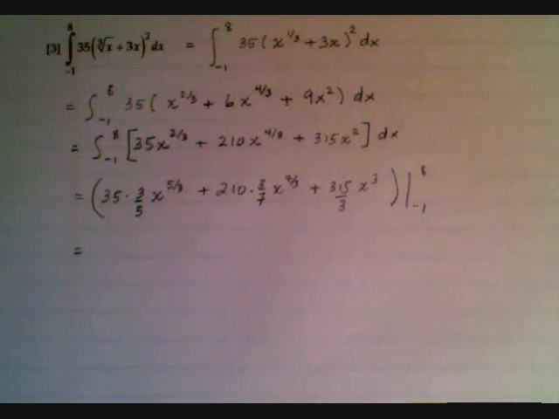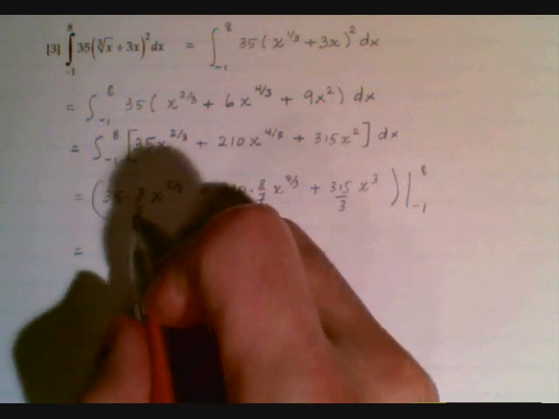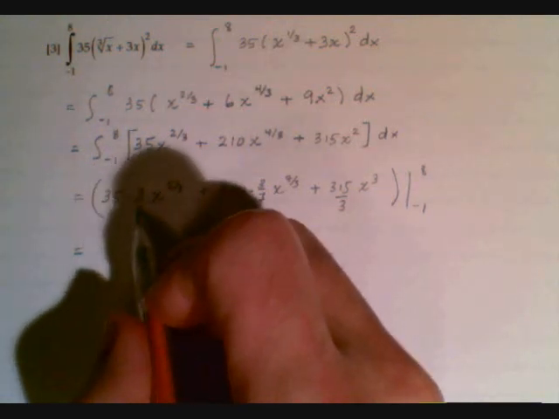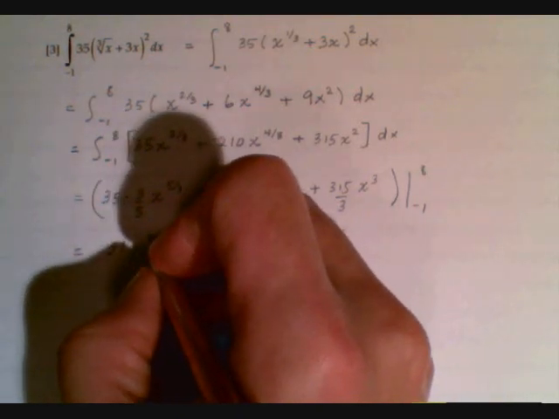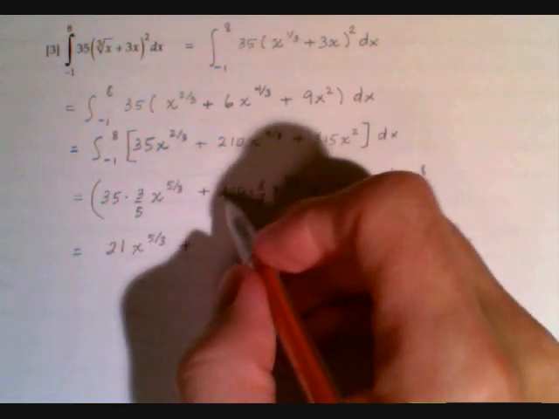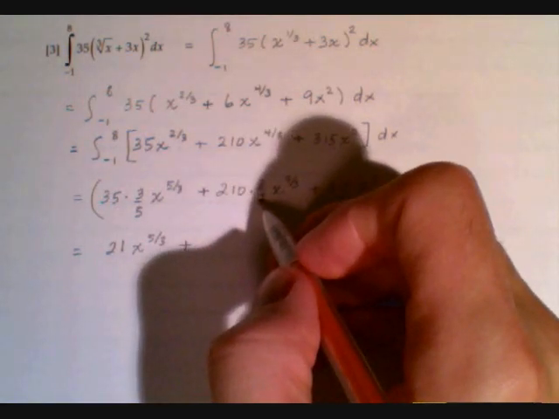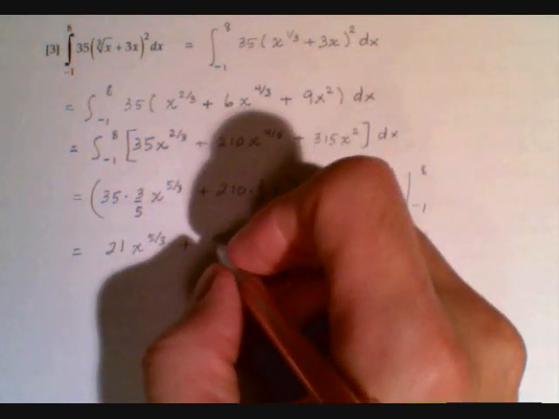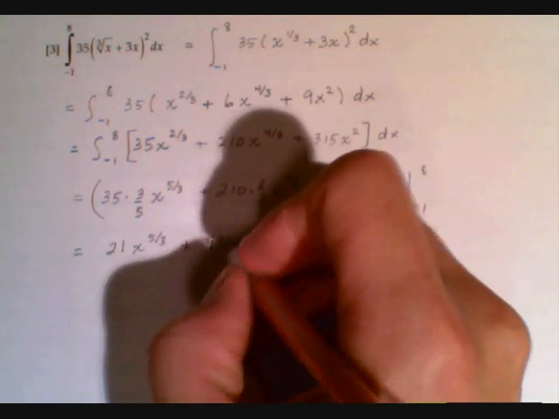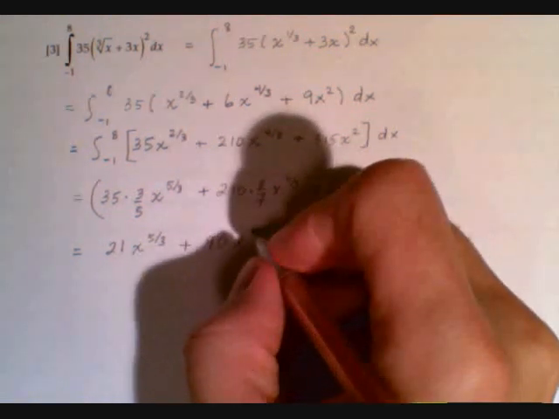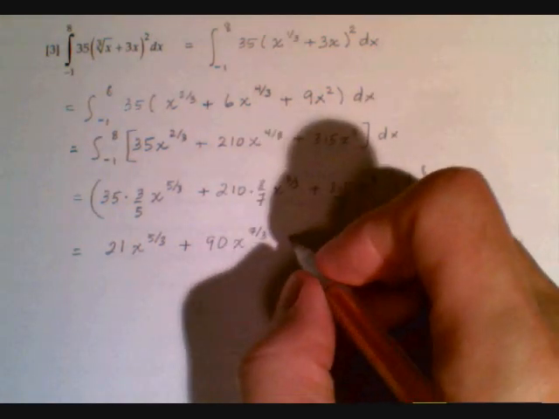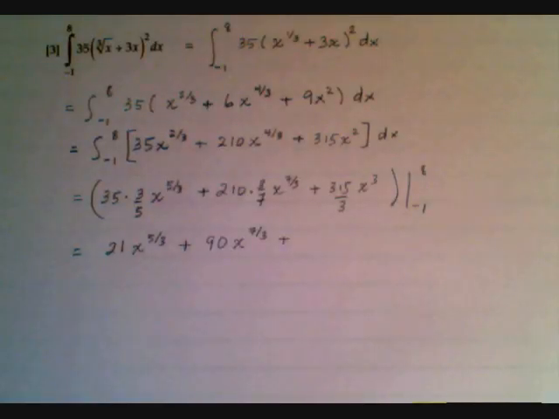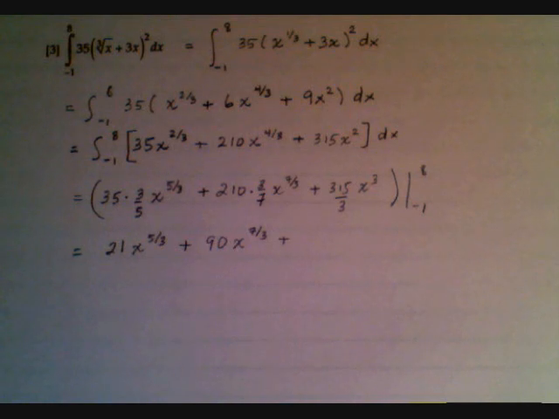Well, 35 divided by 5 is 7 times 3 is 21. So 21x to the 5/3. 210 divided by 7 is 30 times 3 is 90. Yucko. Well, that's what calculators are for, right? And 315 divided by 3 gives me 105.